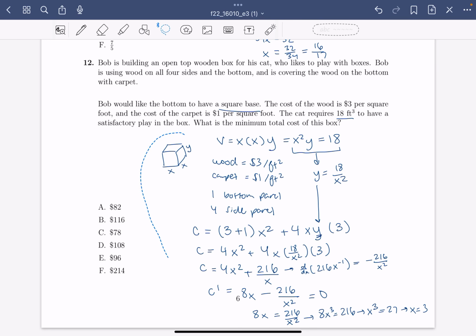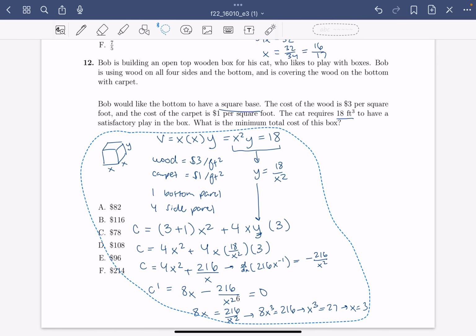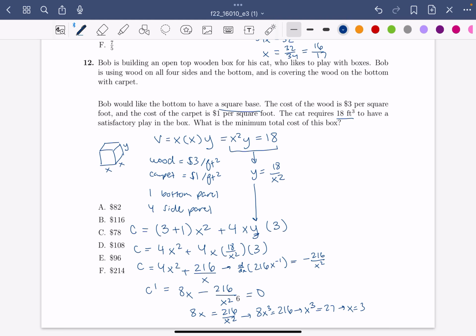So now we can solve for y with that equation. y equals 18 over 3 squared, which means that y equals 18 over 9, which means that y equals 2.